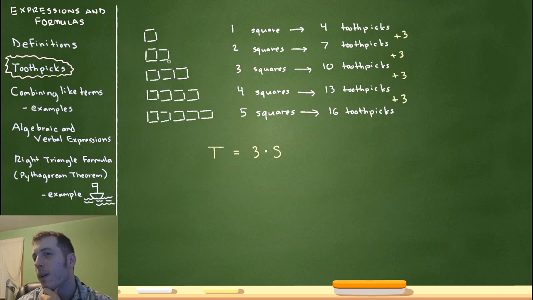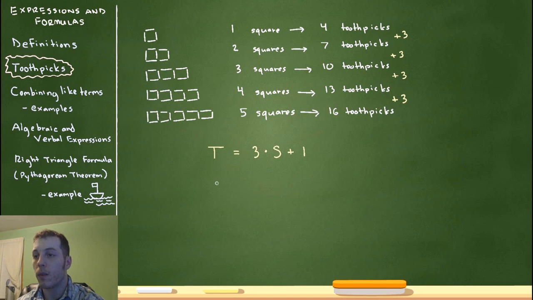Is that right? Well, no, because for the first square, we want 4 toothpicks. So we're off by 1, right? So we may want to add 1. And let's see what happens. Well, if we have 1 square, we have 3 times 1 plus 1, we get 4 toothpicks. So that's correct in our pattern here, right?